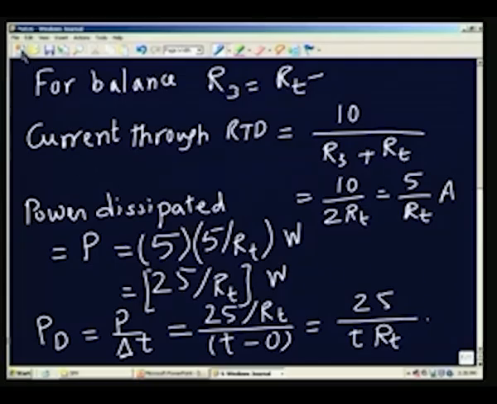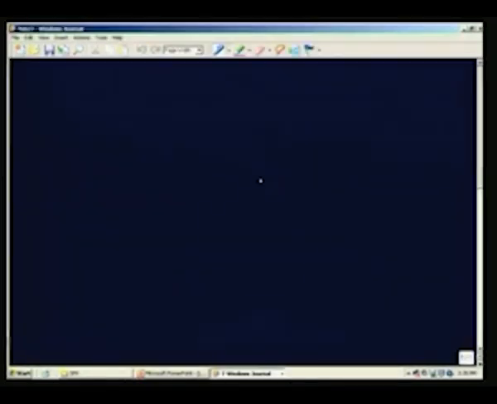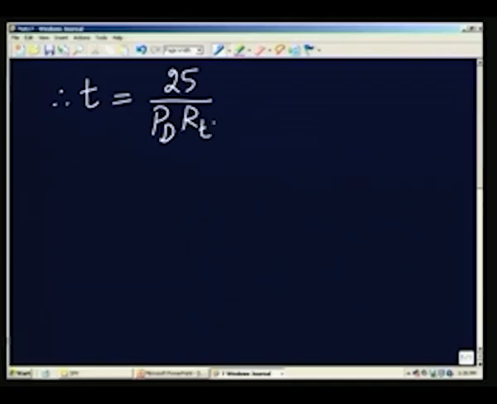So, let us go to the next page. Therefore, T is actually equal to 25 divided by Pd into RT. Of course, we will make sure that all the appropriate quantities are given in the proper units, so that I get the proper value for that.